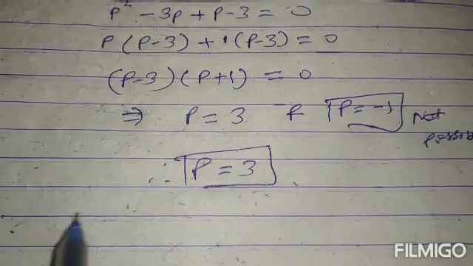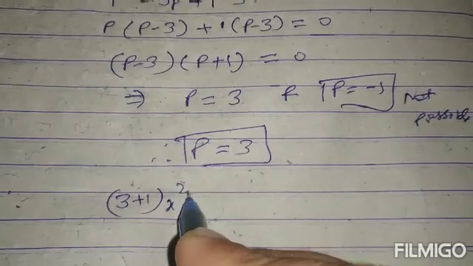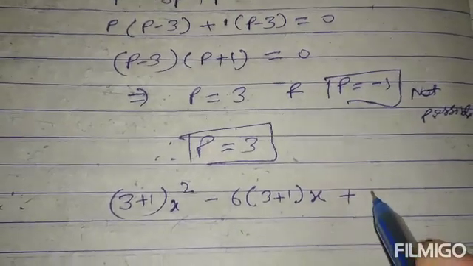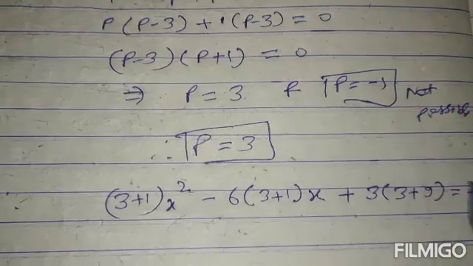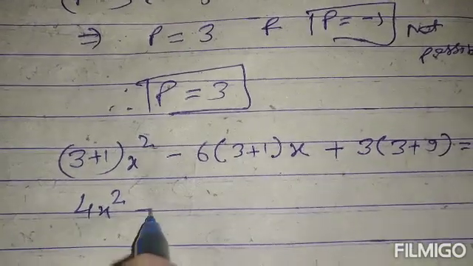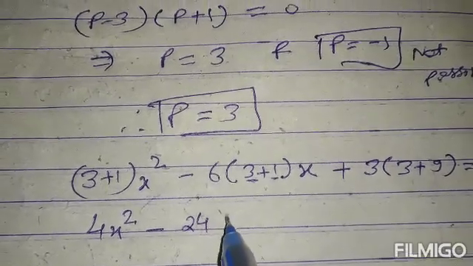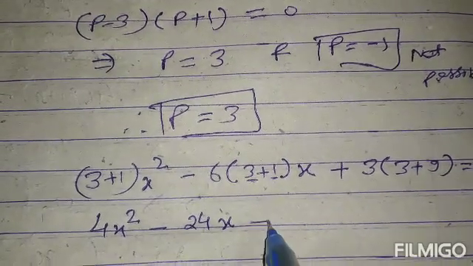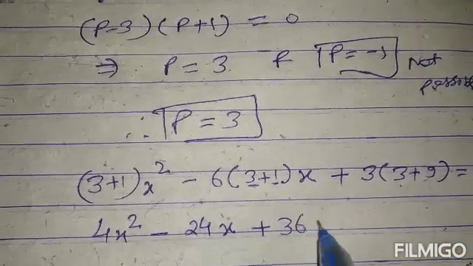Therefore the equation can be written as (3 plus 1) x square minus 6(3 plus 1)x plus 3 into 3 plus 9 equals 0. 4x square minus 6 fours are 24x plus 9 plus 3 is 12, 12 threes are 36 equals 0.